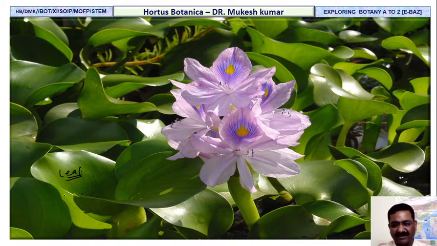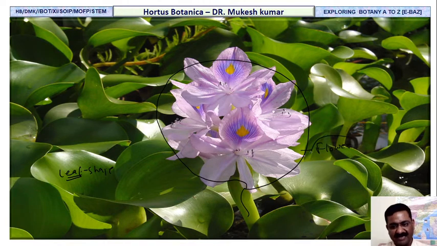And you also find these beautiful flowers. See, very good, attractive, colorful flowers. So the shape of the leaf and the color of the flower, their appearance attracted the Indians, and it was taken from another country.